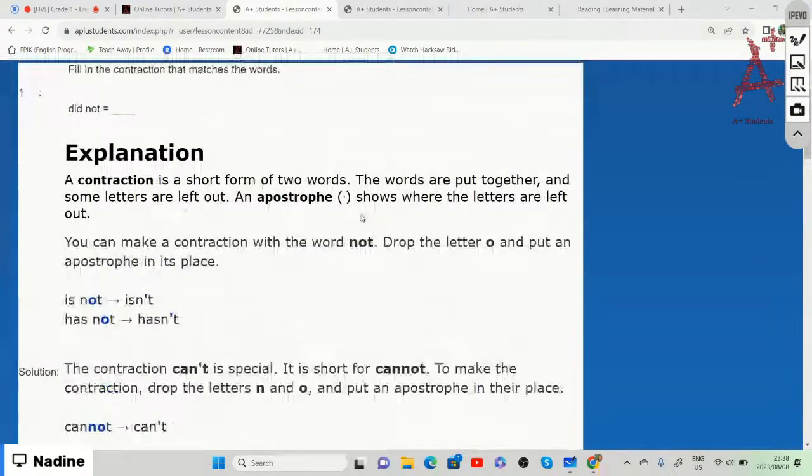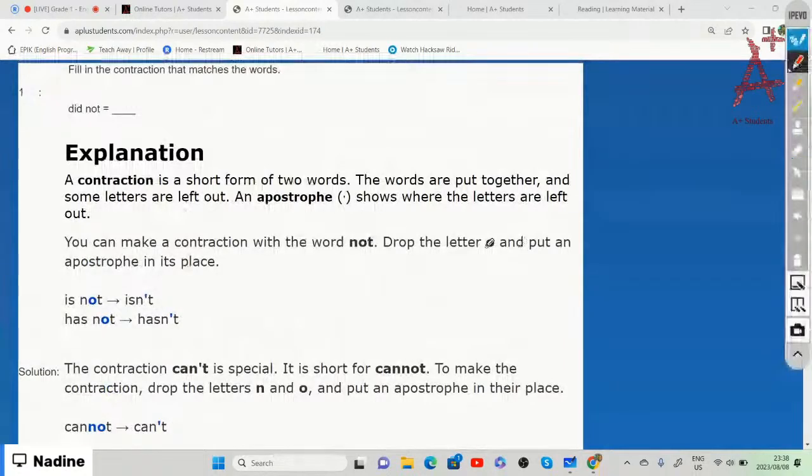So did not, right? We need to write the contraction or the short form of the words did not, and the short form is didn't, right? You remember we said we put the did, we put the N, we drop the O, we put the apostrophe in the place of the O, and there we put our T. Didn't, right?